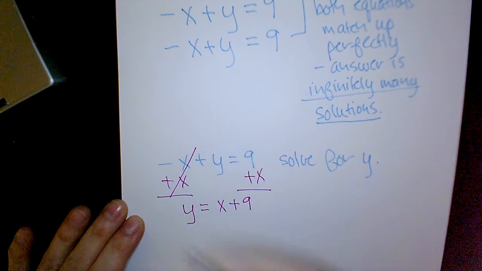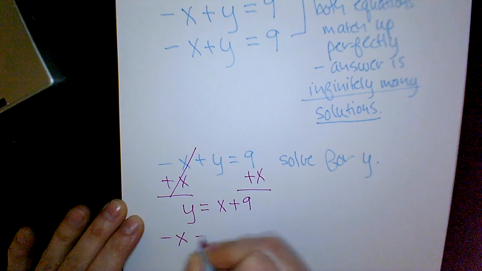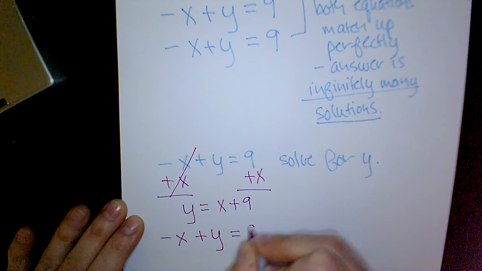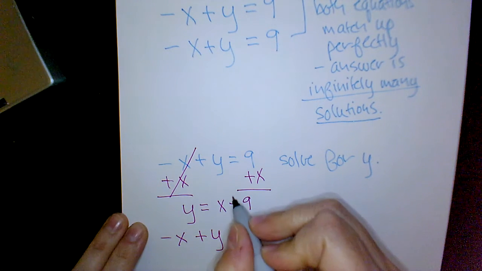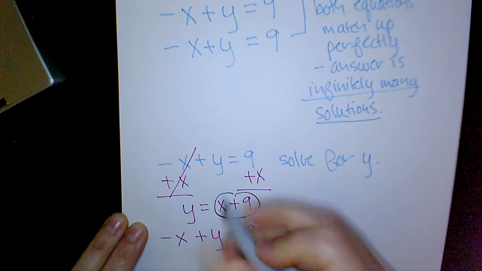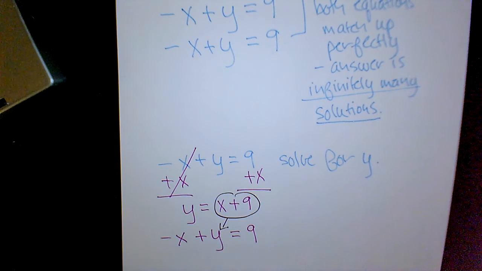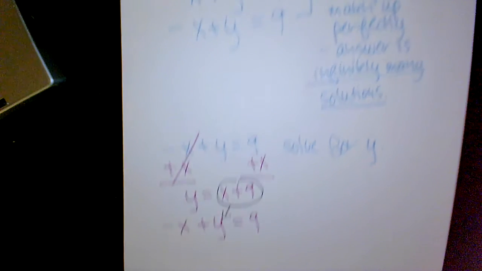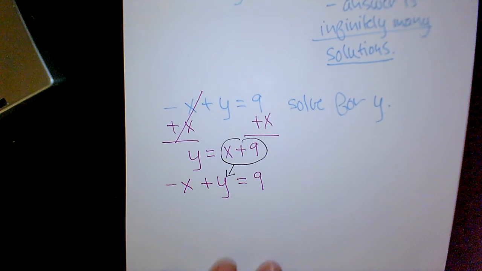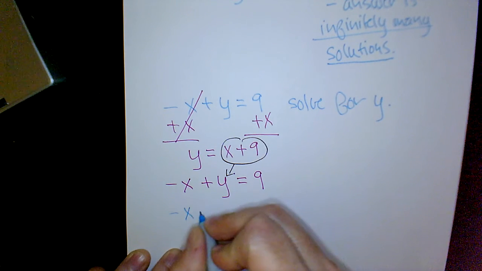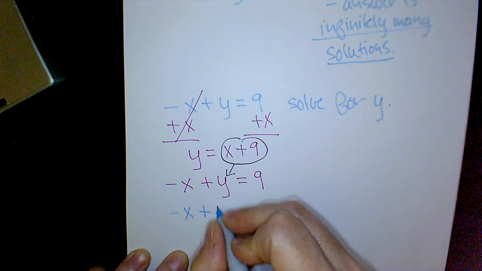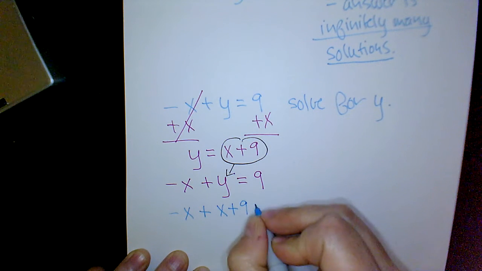I'm going to take that and I'm going to go ahead and substitute this in right here for y, and I'll let you see what's going to happen. So y is x plus 9.